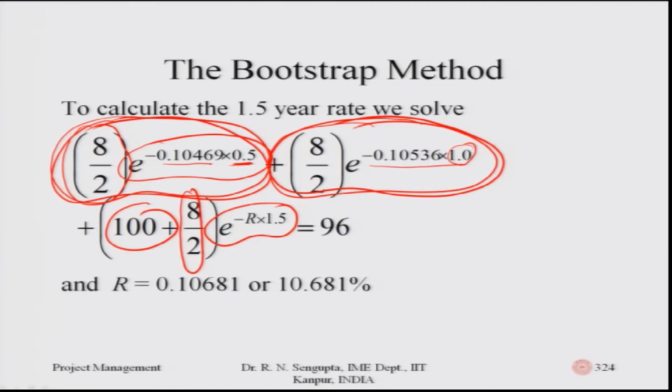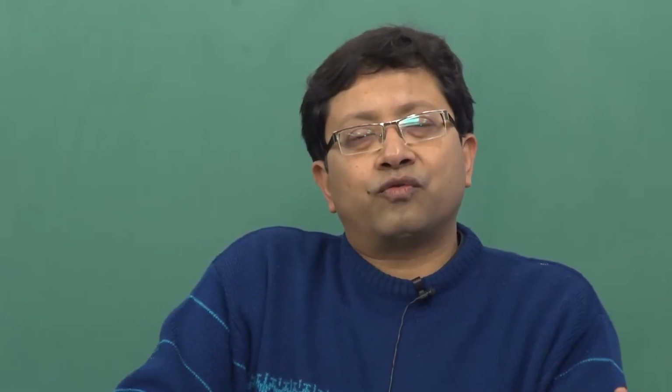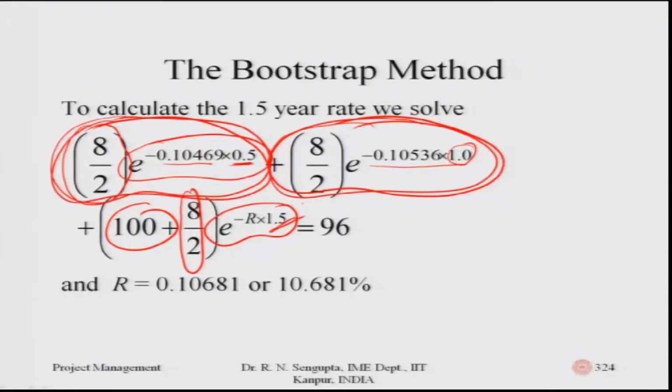If you see the e to the power terms, so minus r, why r? Because this is the continuous compounding interest rate which is true for a time period of 1.5 years, because that 1.5 years is coming here. So, based on the fact that the actual value which you would have obtained is 96 as per the values in the tables, when you equate that and find out the r value, it comes out to be 10.681.